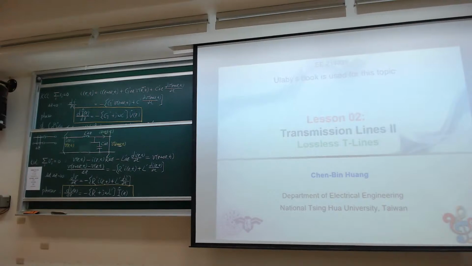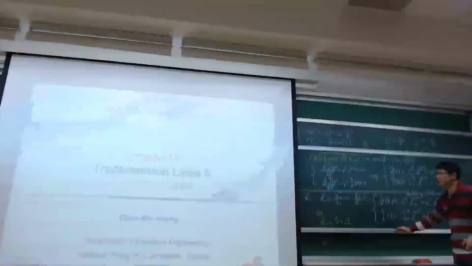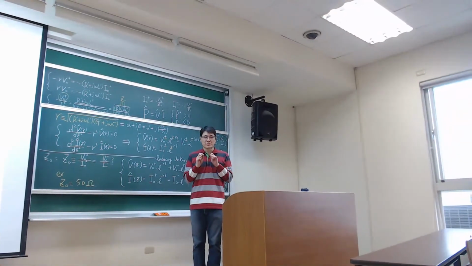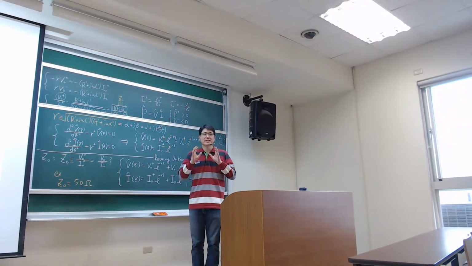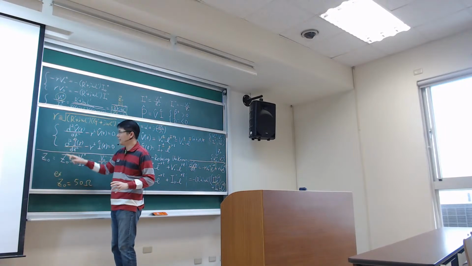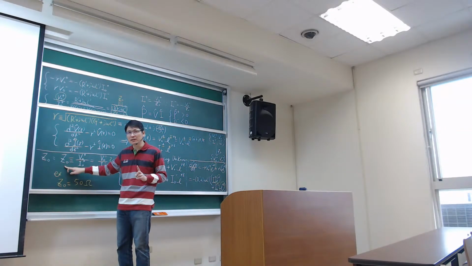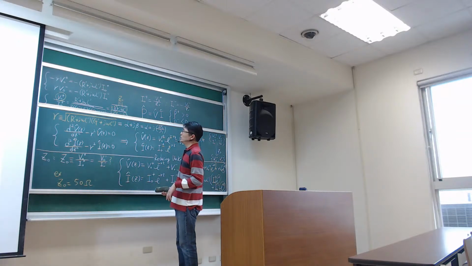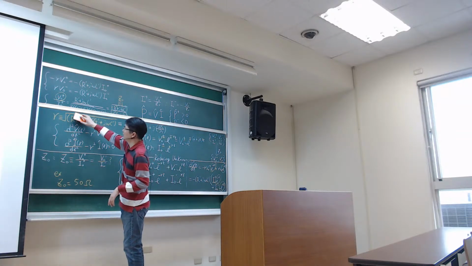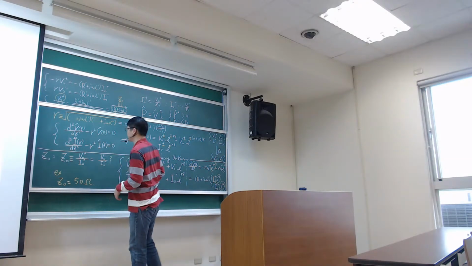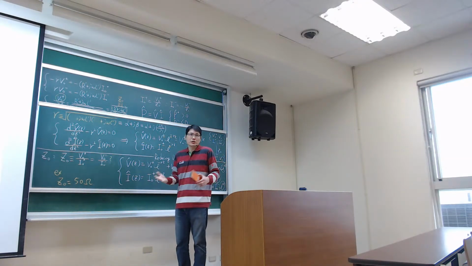All we have to do is, as I said, for a transmission line, everything is contained in the knowledge of gamma and the characteristic impedance. So gamma in the lossless case: there's no loss, no resistance, no conductance.